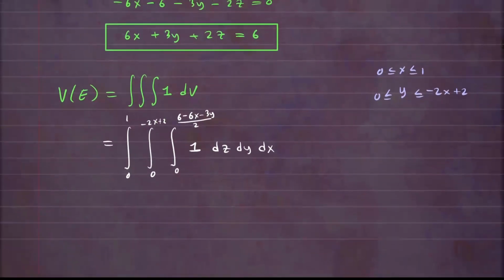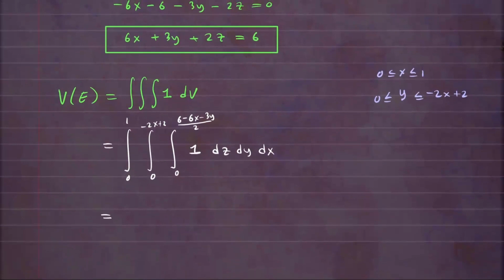So let's continue on. We're going to do the inner integral first, this one right here, with respect to z. So we rewrite the rest. We have the integral from 0 to 1, then the integral from 0 to negative 2x plus 2. When I integrate 1 with respect to z, I get z, and then we evaluate from 0 all the way to that function. I'm going to simplify that: 6 divided by 2 is 3, minus 3x minus 3 over 2 y.